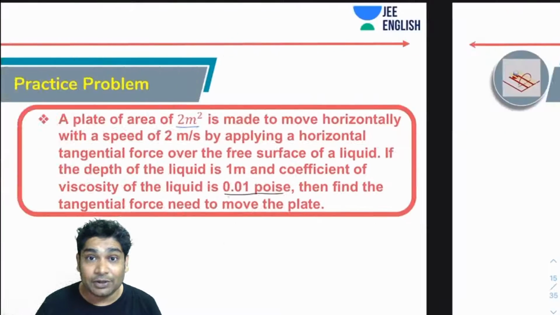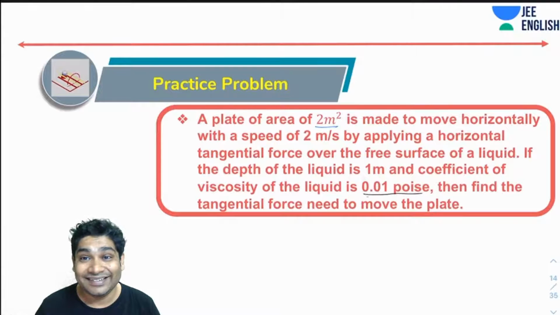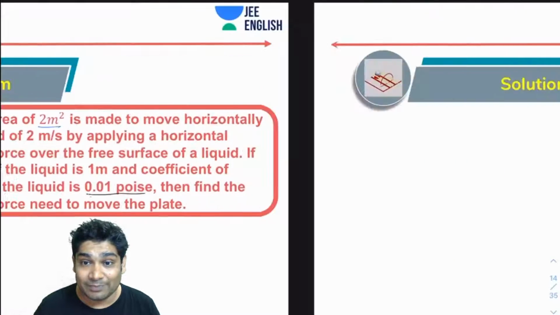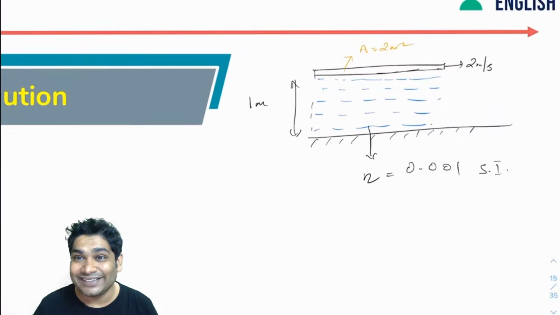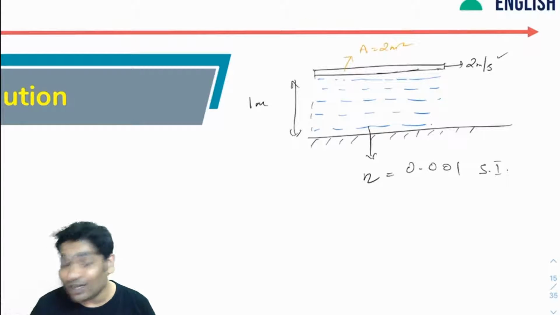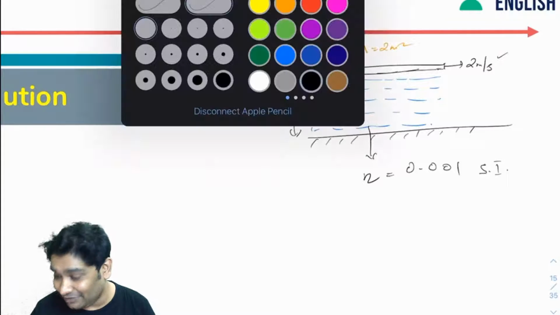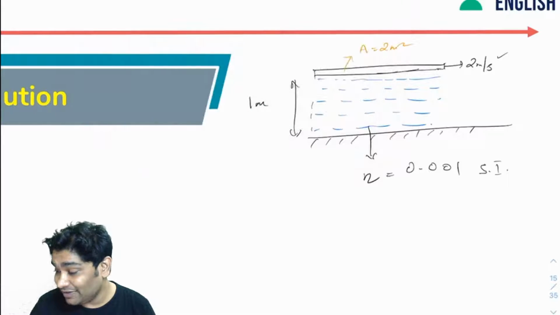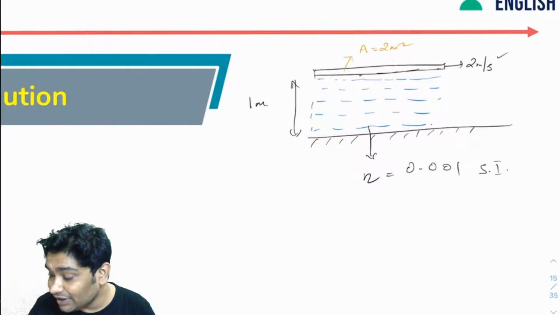Now all you need to do is simply apply the equation. Hello Chinmay, how are you? So obviously to keep moving this with a constant velocity you would need a force. Why? That force would balance the force that is being acted on this plate. This plate would feel some force in this direction due to the viscosity of the liquid. So it is already feeling a viscous force.